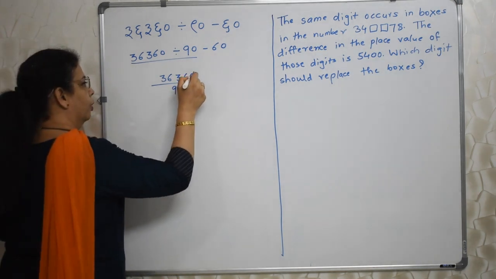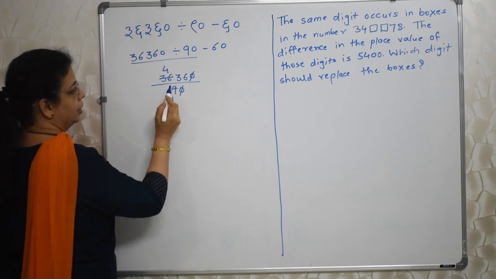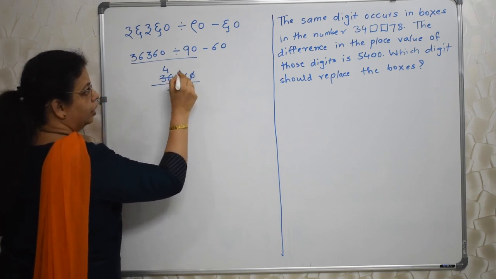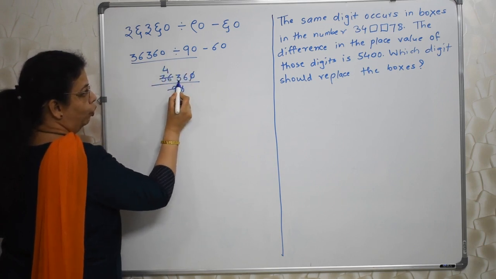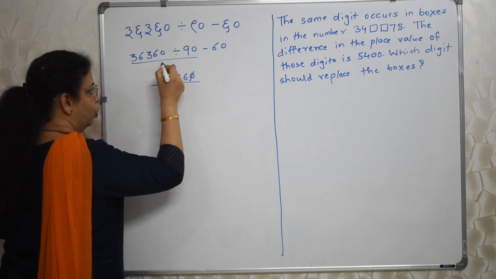1 0 gone. 9 ones are 9. 9 fours are 36. Now here be careful. Don't cancel this 36 and write 4, 44. No. Here I can make use of only 3. But 3 से कुछ काम नहीं हो रहा है. I need to attach 6 to this 3. But I have to first give 0 here.